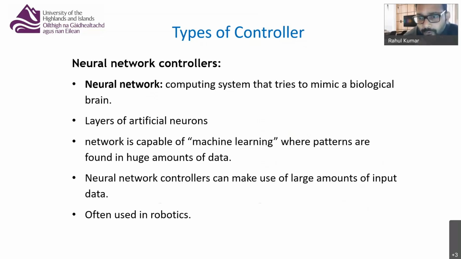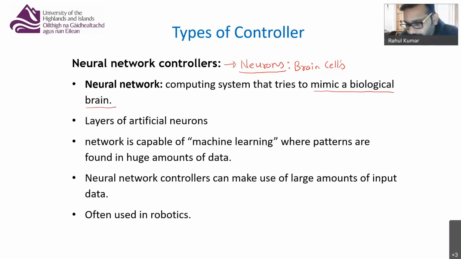The third type of controller is your neural network controller. The word neural comes from neurons. Neurons are your brain cells. Okay. So from neurons, you have neural network. Now, neural networks kind of mimic or act like the human brain, right?